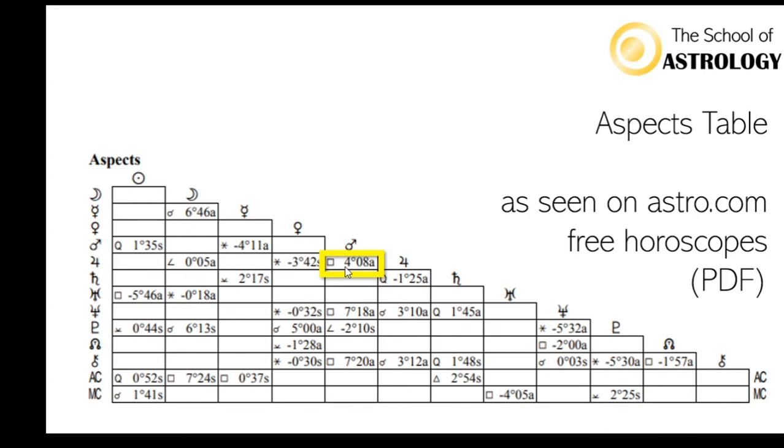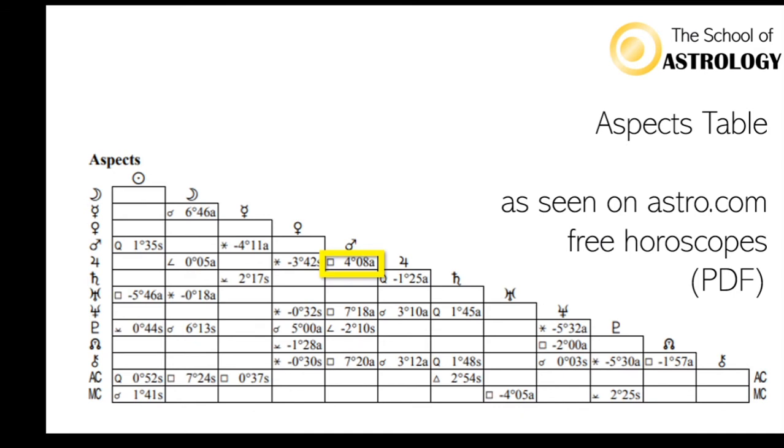So we see that in general, if two planets would form an aspect that will become exact in the future, so is an applicative aspect, so it's not yet exact, will become exact, how can it be that the aspect is bigger, because now we don't have a minus here, is bigger than the exact aspect distance? The aspect distance of a square is 90 degrees. Now here, seeing that the minus is missing, we have an aspect distance of 94 degrees and 8 minutes.